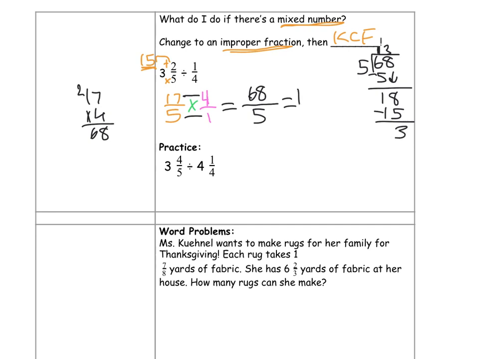So our simplified form is going to be 13 and 3 fifths. This is another strategy to figure out how to reduce a fraction. You can just divide. So we get the answer of 13 and 3 fifths.